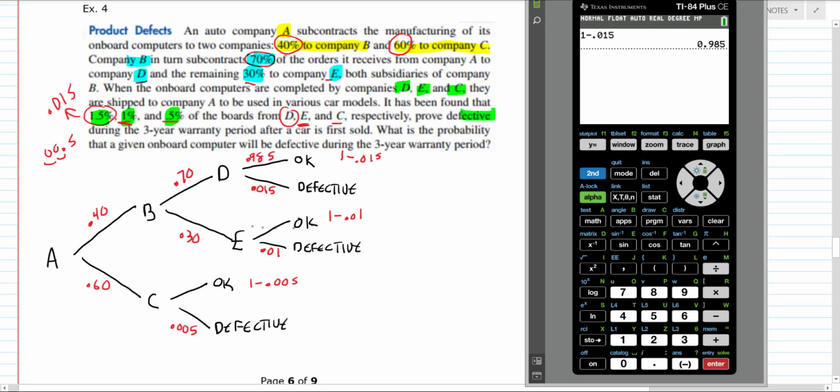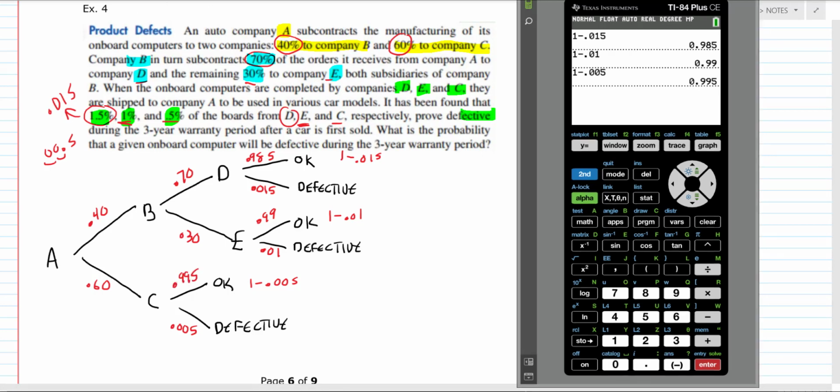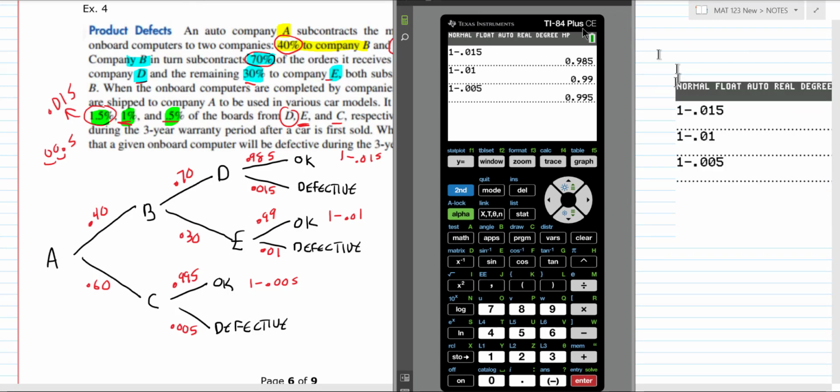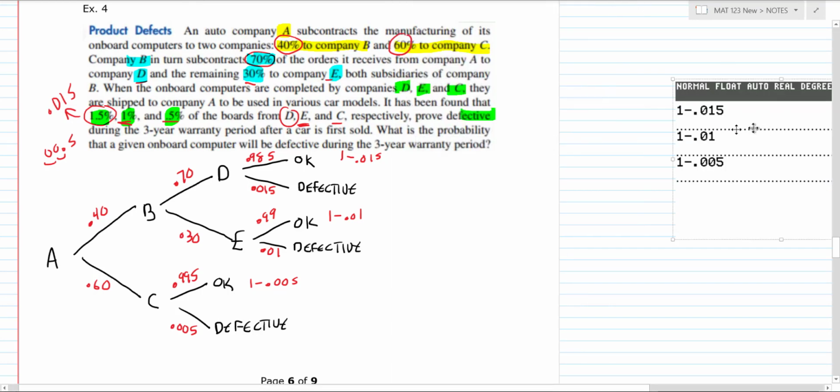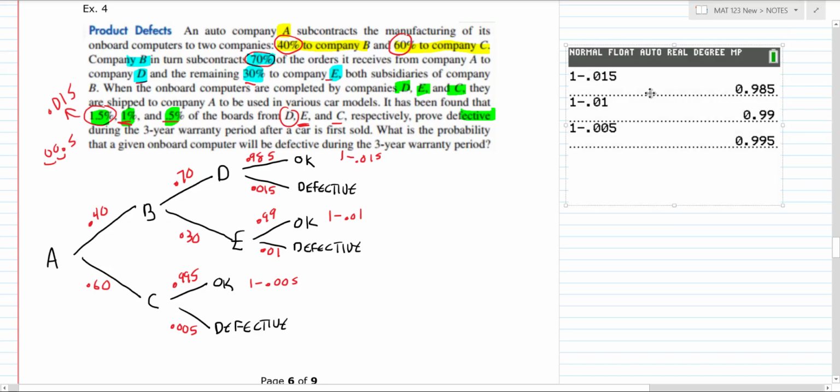Same thing here, 1 minus 0.01 is 0.99. And the last one, 1 minus 0.005, gives 0.995. So that's the probability diagram that we need to put together in order to answer this question.